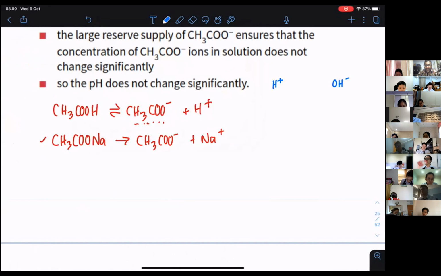In this buffer solution, I add a small amount of external H plus, for example by adding HCl. What will happen? This H plus needs to be removed. How will it be removed?